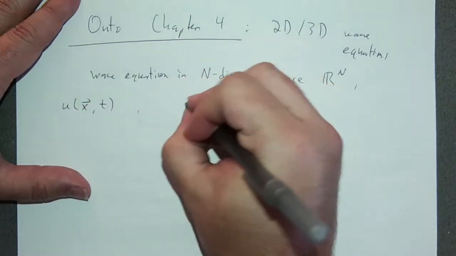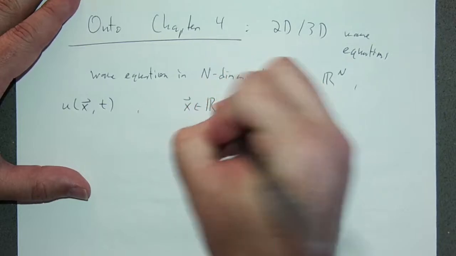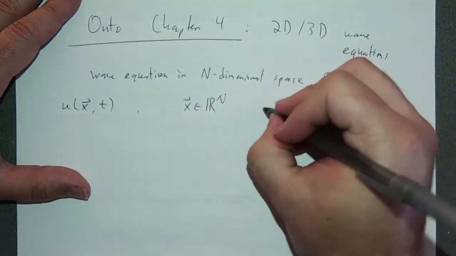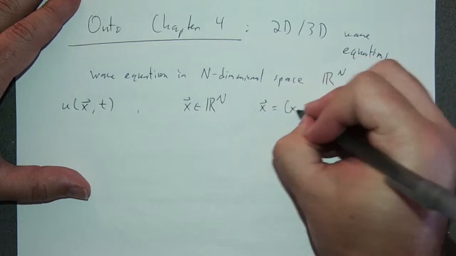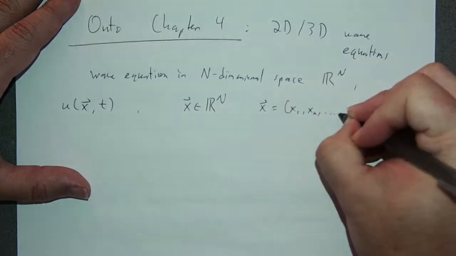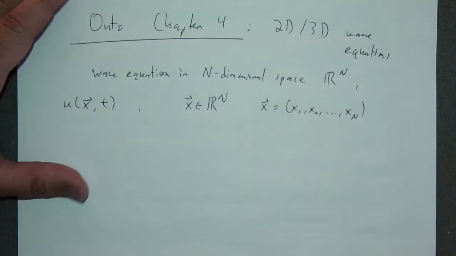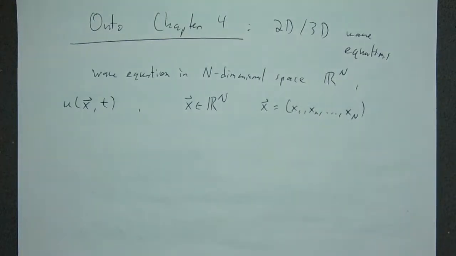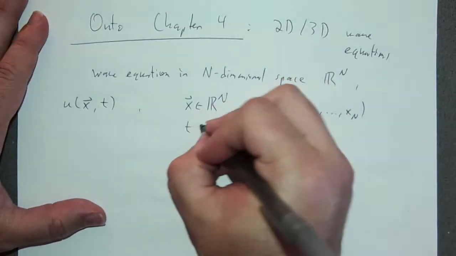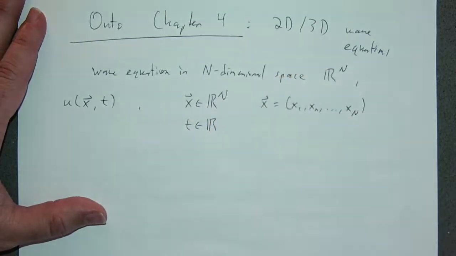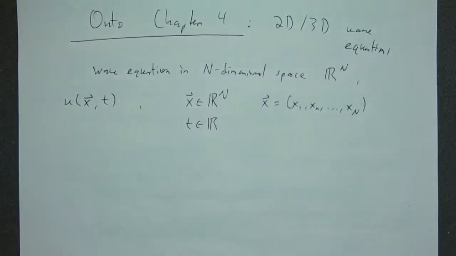This x is a vector in R^n, so x has components x1, x2, up to x sub n. t is some scalar real number, right?